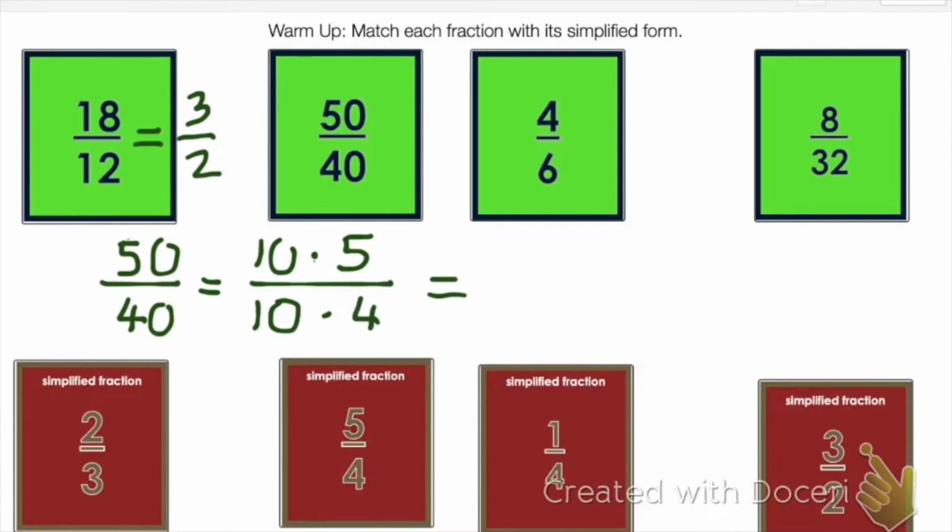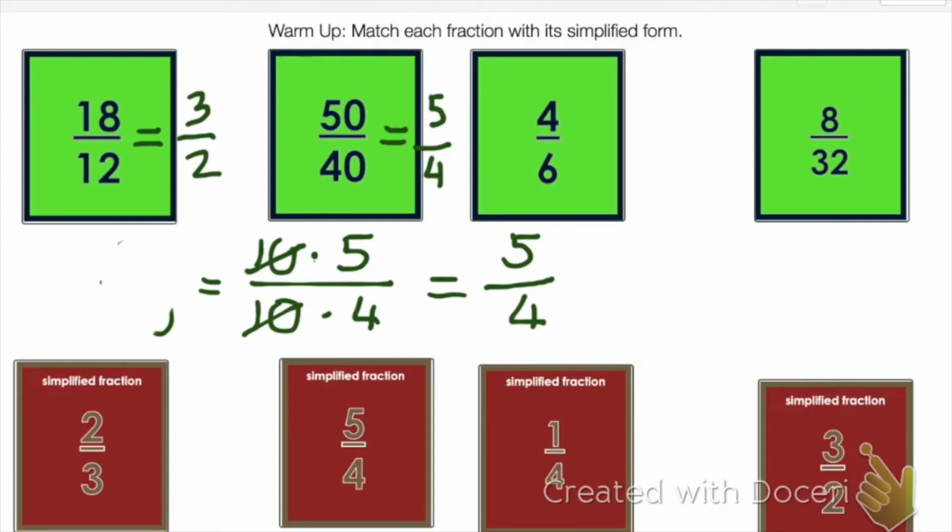As we can see, we have 10 on the numerator as well as on the denominator, so we can cancel that out. So what's left in the numerator? 5. And what's left in the denominator? 4. So the simplified form of 50 over 40 is 5 over 4.